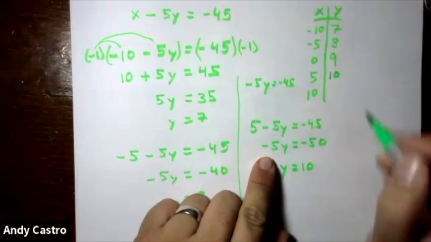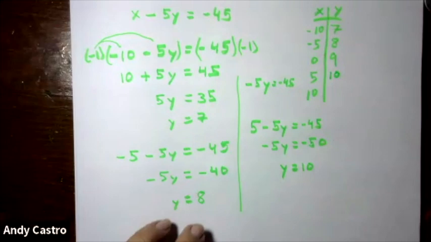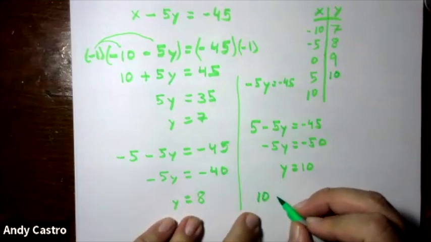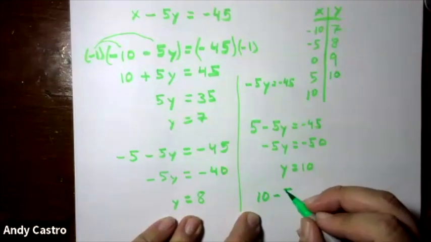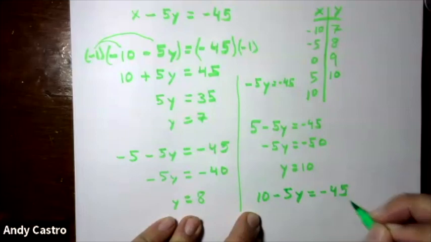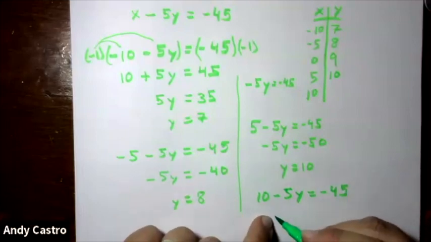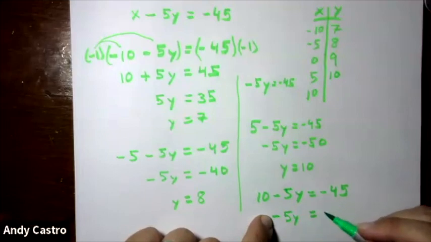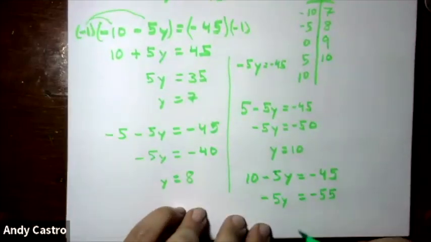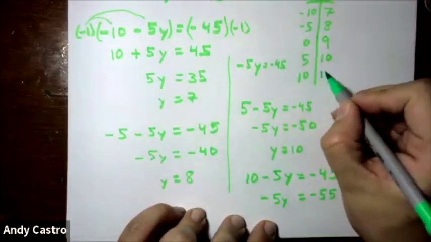Then if I put in a positive 10 for x, that's 10 minus 5 times y is equal to negative 45. Subtract 10 from both sides. I have negative 5y equal to negative 55. Divide both sides by negative 5, and y equals positive 11.